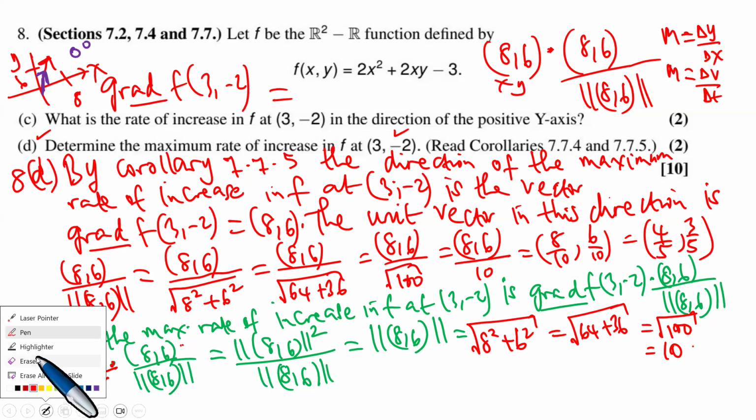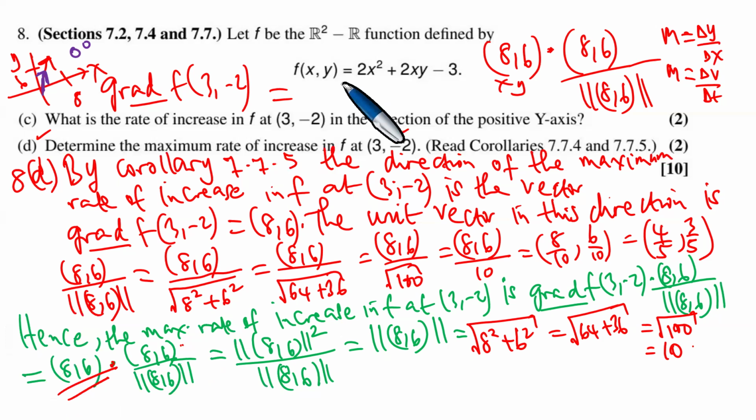Otherwise the gradient alone would not be a maximum rate of increase. What is the gradient alone? The gradient of 3 minus 2 is going to be exactly 8 and 6, and if it is 8 and 6, then you can see it is not doing the job.